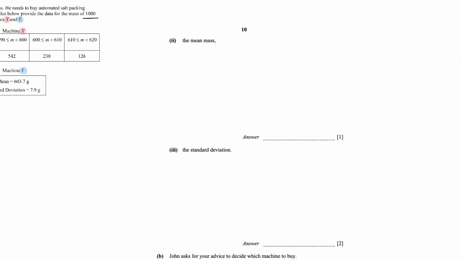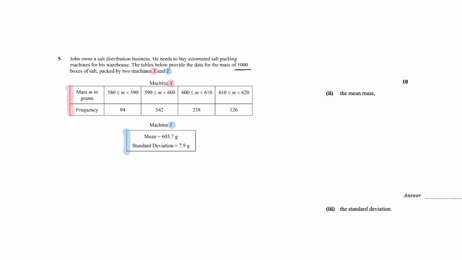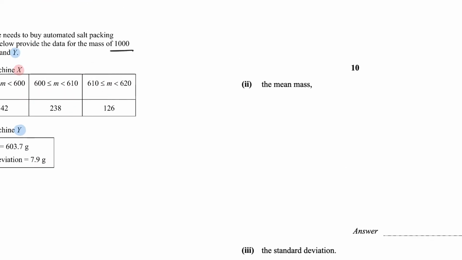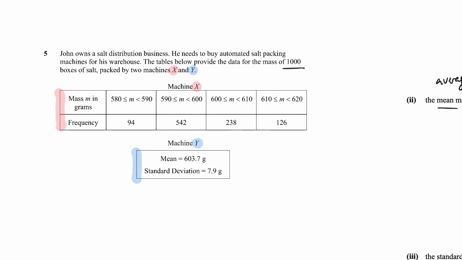Right now we're looking for the mean mass for machine X. If you want to find the mean, which really is the average, you usually just add up all of the data and then divide by the number of data points. In this case, you want to add up 94 boxes multiplied by the mass of the box.